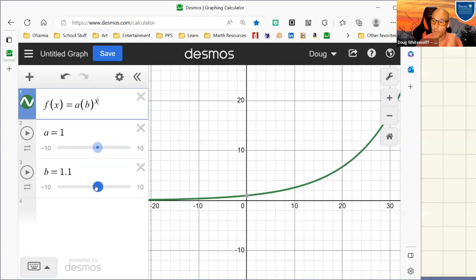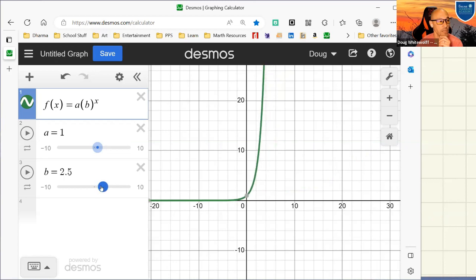And watch how the shape changes when I increase the value of b. It gets steep really fast as I change the value of b. And this is when b is between 0 and 1.